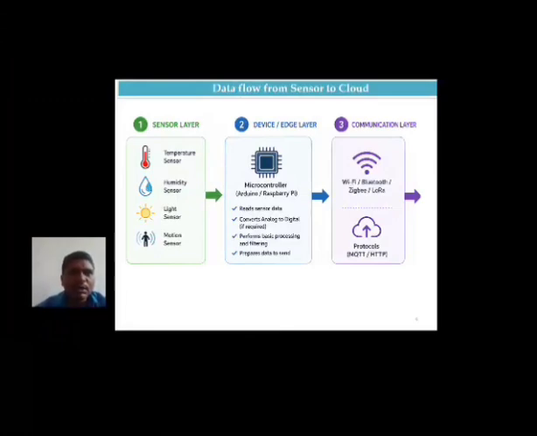Then protocols such as MQTT or HTTP are used to transmit the data efficiently. In some applications, we may use the CoAP protocol also. So the users can select depending upon their applications. This layer ensures data transfer from device to cloud.